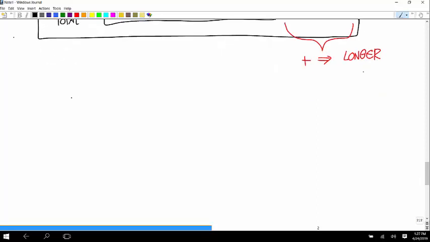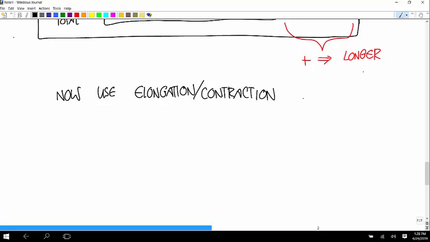So now we're going to use elongation and contraction for statically indeterminate structures.